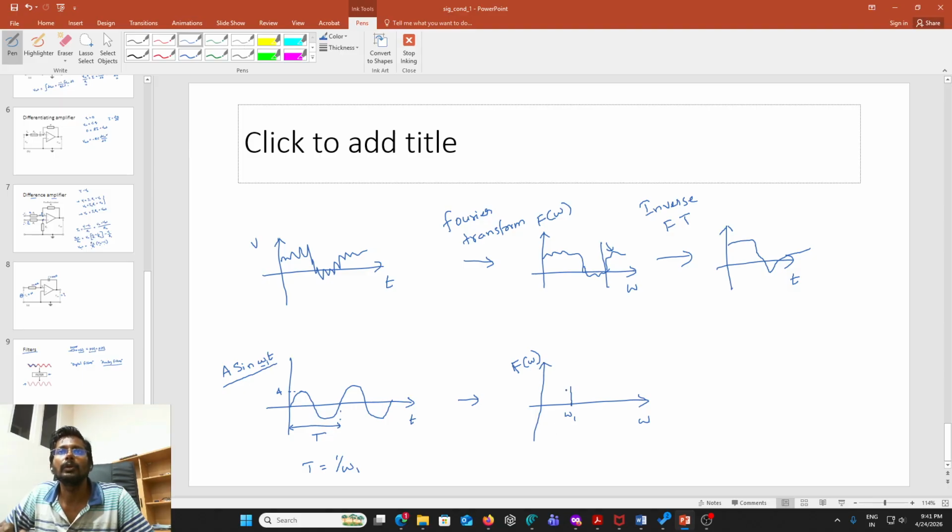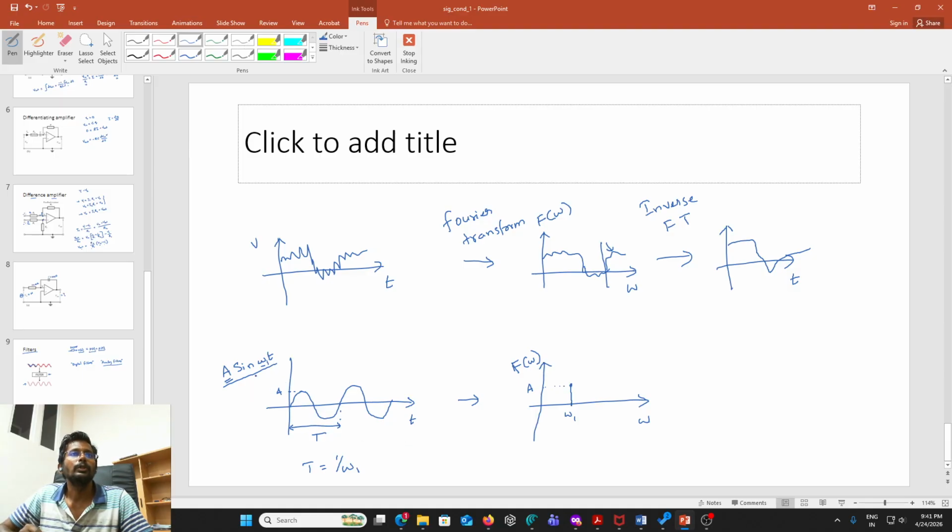And what is the height of the spike? The height of the spike is this amplitude A. And this is the conversion.